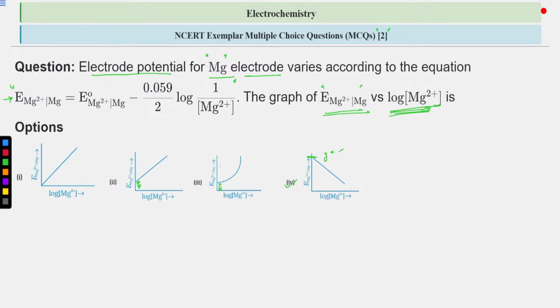So these are the 4 options. First of all, you have to relate the question with the options given, and then choose the correct graph, which represents the relation between electrode potential and the log of concentration of ion.